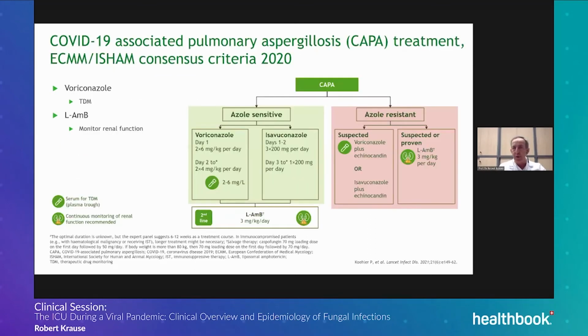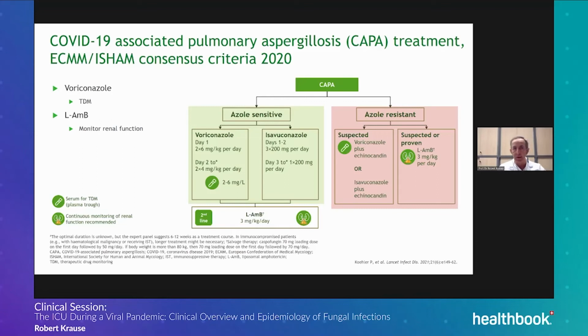We have also recommendations for COVID-19 associated pulmonary aspergillosis. There are two recommendations, for azole-sensitive aspergillosis cases and also for azole-resistant cases. In azole-sensitive cases, or in regions where azoles are working very well in Aspergillus, we should use voriconazole or isavuconazole.